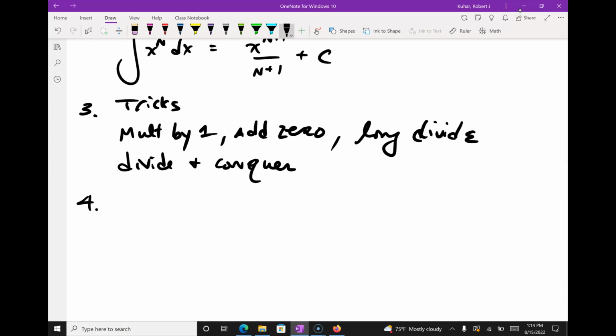Level 4, our first U sub, right? U sub. U is a whole function. Du is the derivative dx.